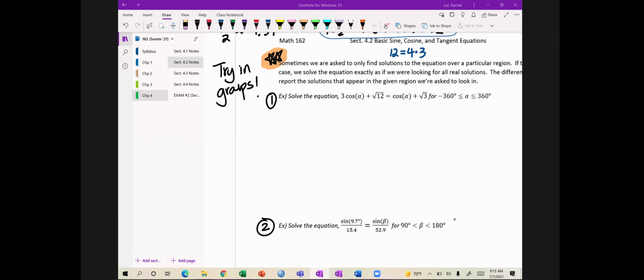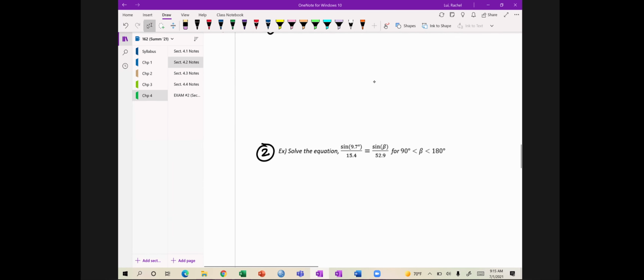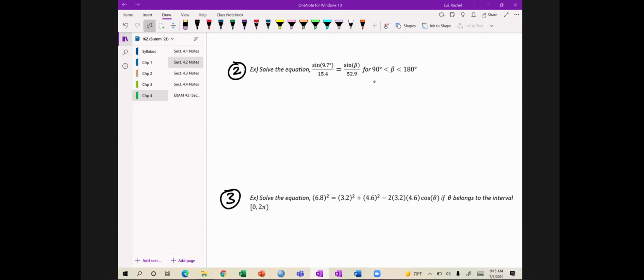For number 2, I just multiplied 552.9 to the other side, and then I used my calculator and took the inverse, but that doesn't lie within the restrictions. Am I doing something wrong? That's a good question.